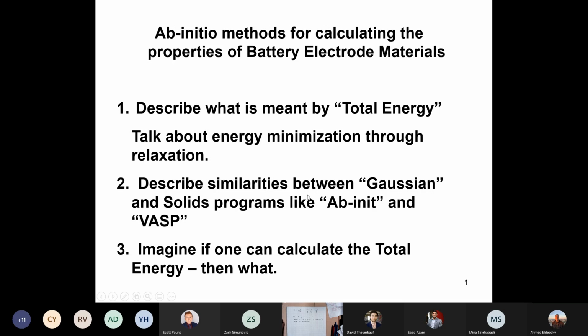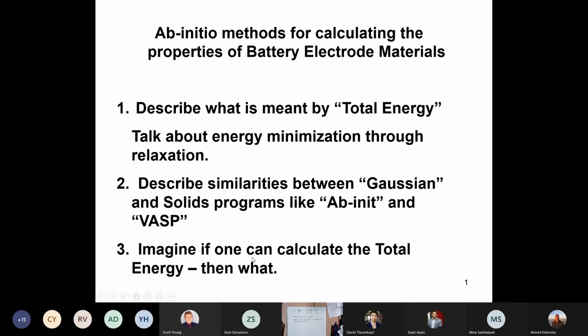So solids programs like so-called Abinit and VASP do things like Gaussian, except on the unit cell of a solid. And they expect that unit cell to just repeat like bricks in the wall of a house throughout all space.